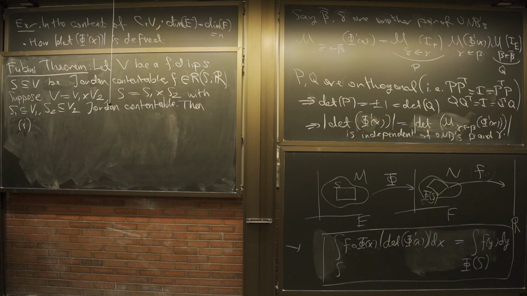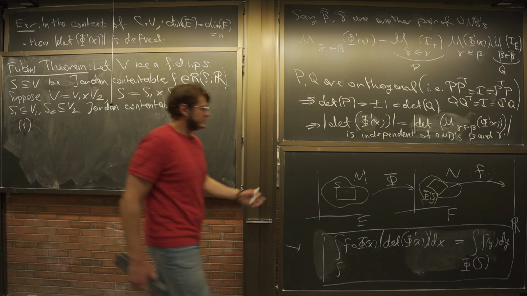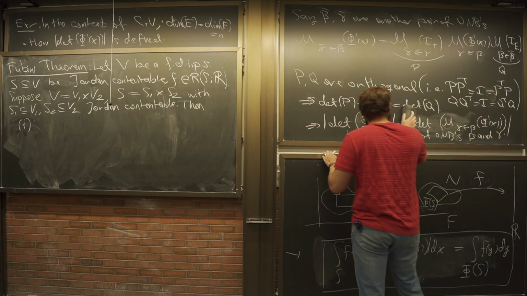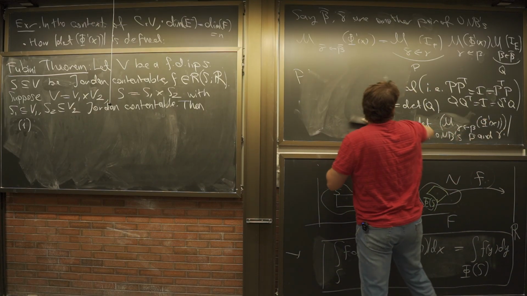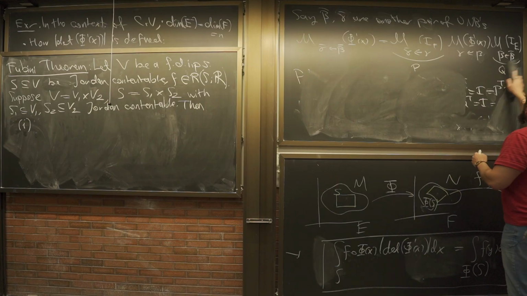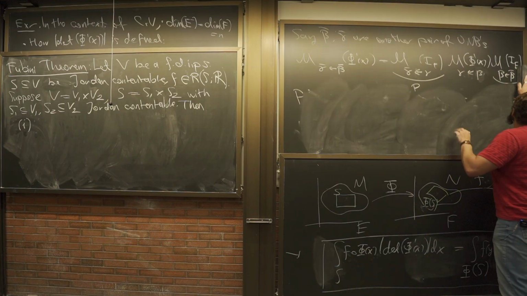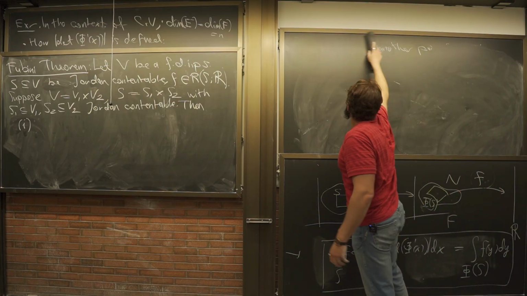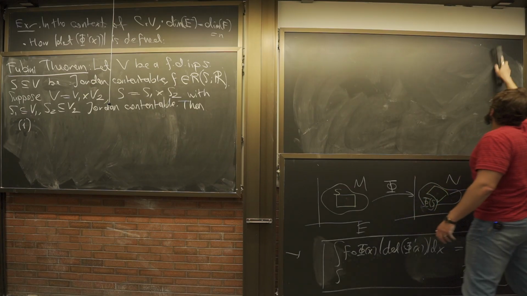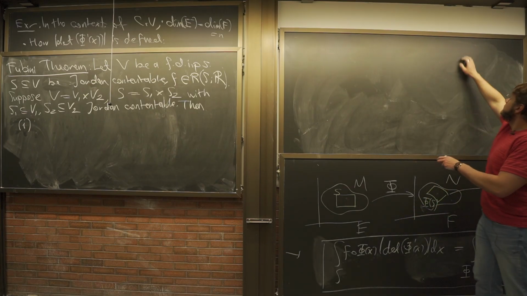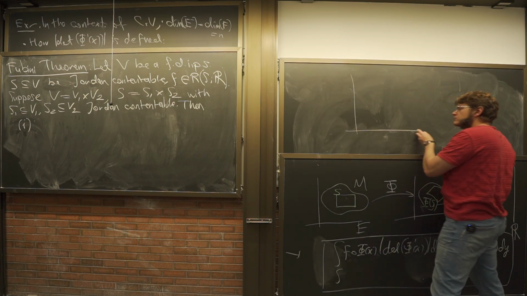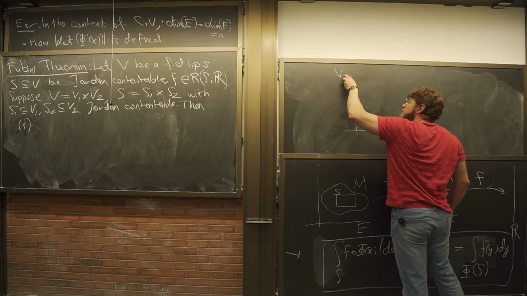Let's write it like this. What do I want this time? Let me again draw a picture here. Actually, let's leave this and draw the picture here. Okay, this is V1, this is V2.